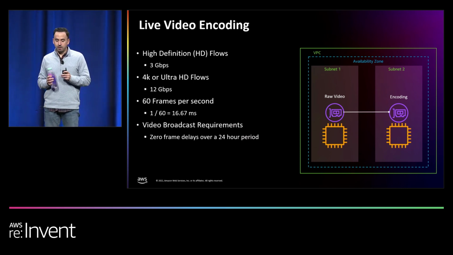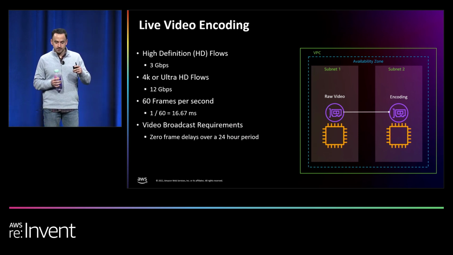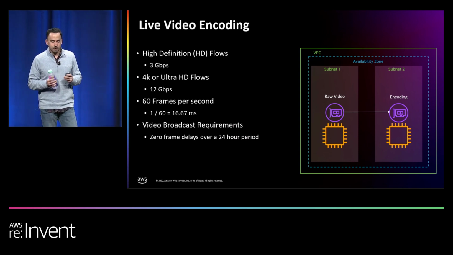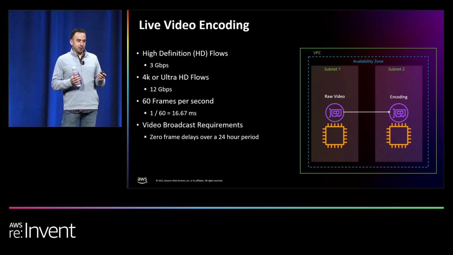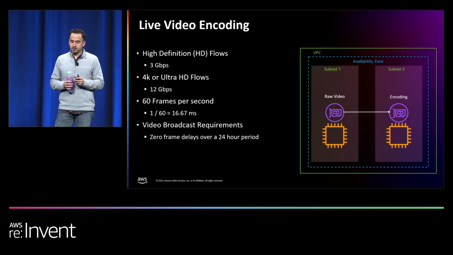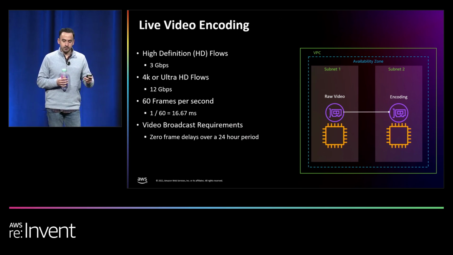What this means is that all frames must be received in order in less than 1 divided by 60, or 16.67 milliseconds, or else it's lost. There's no getting it back when you're live broadcasting. And finally, as a performance requirement when testing various scenarios or benchmarks, we must ensure that there are no frame delays over a 24-hour period to ensure consistent performance.